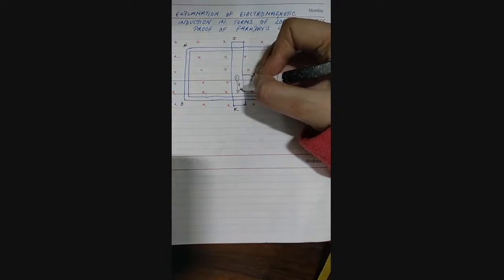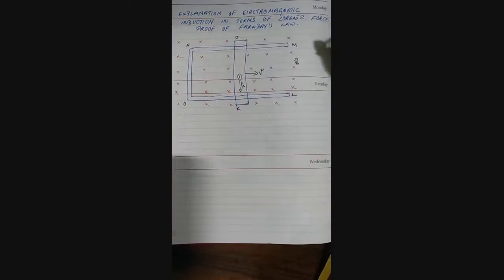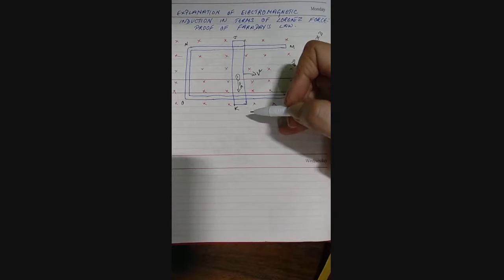This is the direction of magnetic force Fm, which is equal to Q into V into B. So Fm equals QVB. This is the Lorentz force. We have done the same thing in the previous derivation itself.